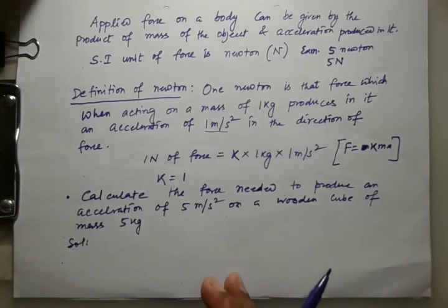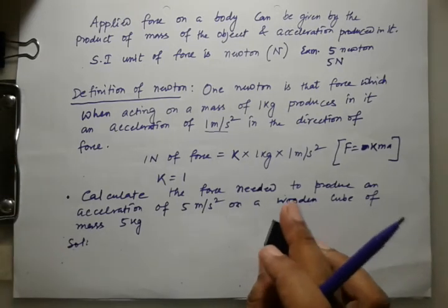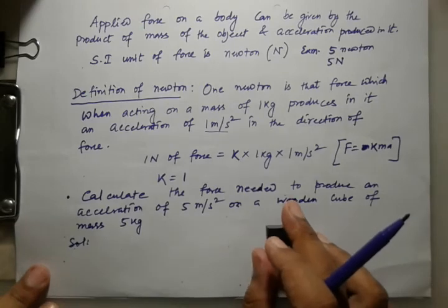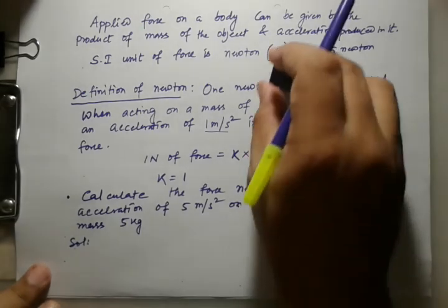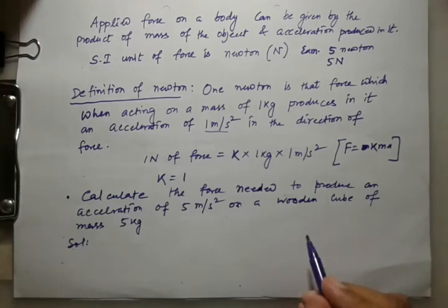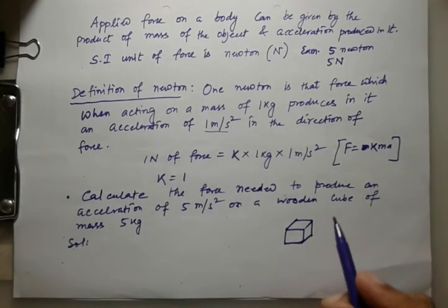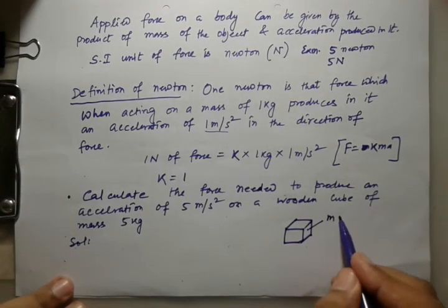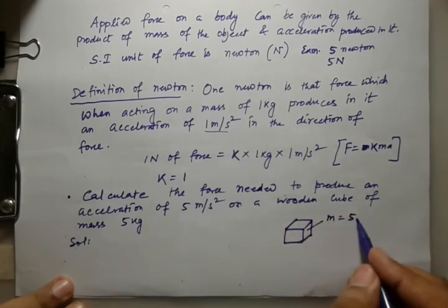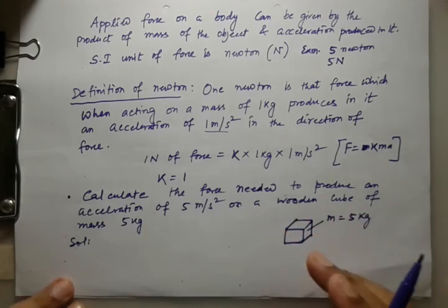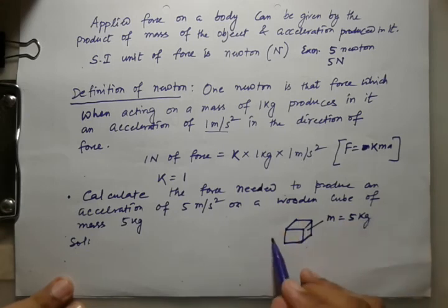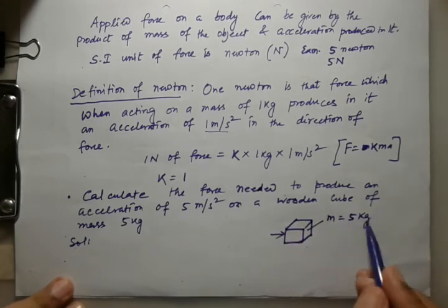Take a wooden block. I've kept it here, though it's made of plastic, but take it as a wooden block. The mass is 5 kg. Now force is applied, and after some time the acceleration reaches a is equal to 5 meter per second square.